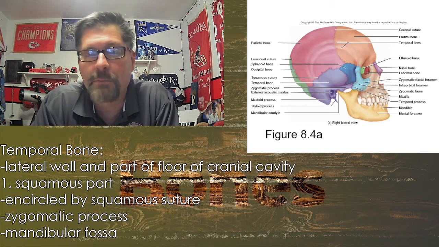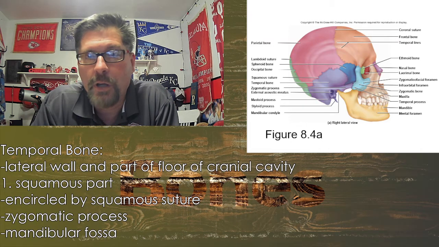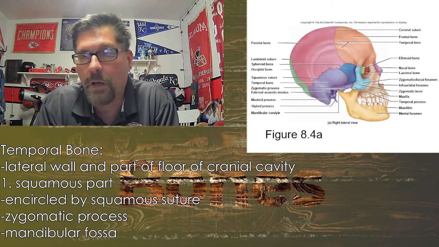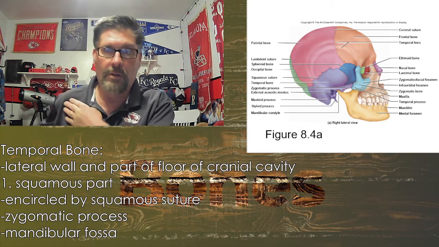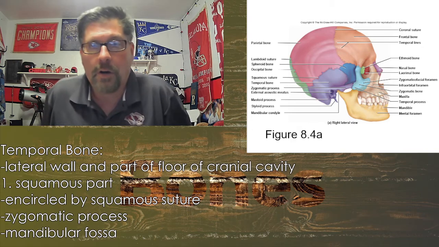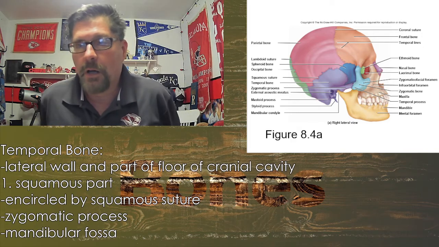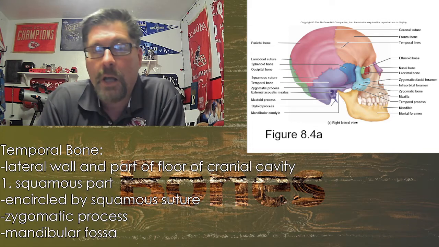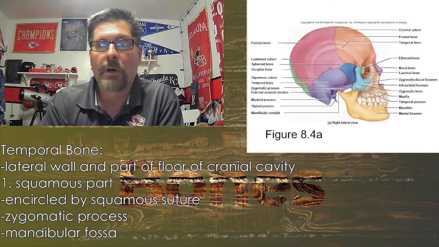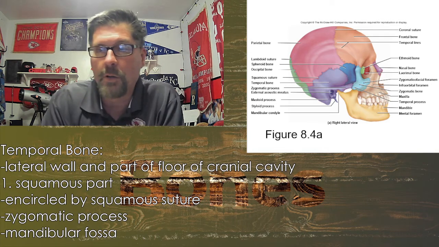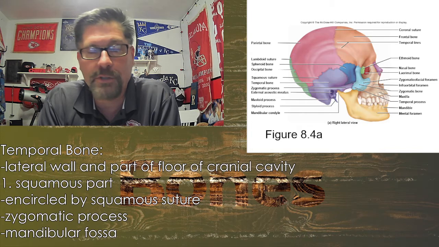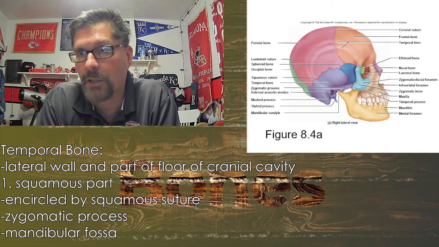Process is a word that is used in this case when one bone touches another bone, just like a process of your scapula. It reaches in and touches the upper arm bones as a way of connecting, and of course it's held in place there with tendons and cartilage. But it's fused on the one end with the zygomatic bone. Fused is not the right word. There's a suture that connects the two.